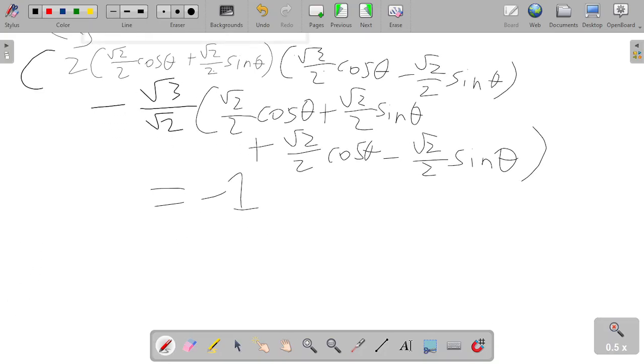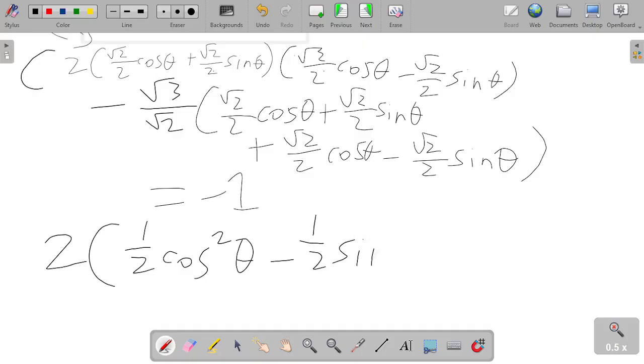You have 2 bracket radical 2 over 2 cosine theta, all of it squared, you get 1 over 2 cosine squared theta, minus radical 2 over 2 sine theta, all of it squared, 1 over 2 sine squared theta.